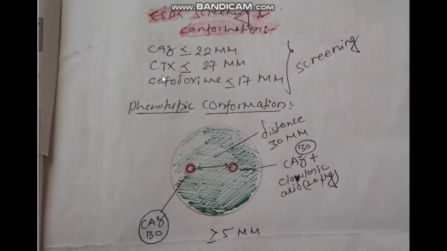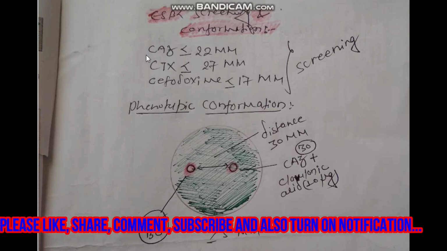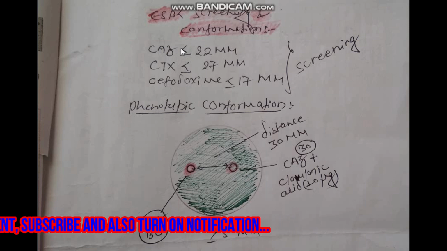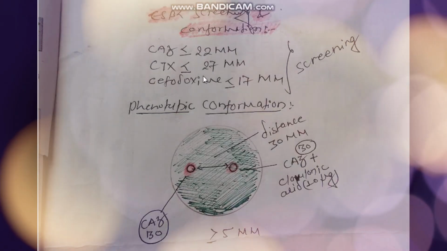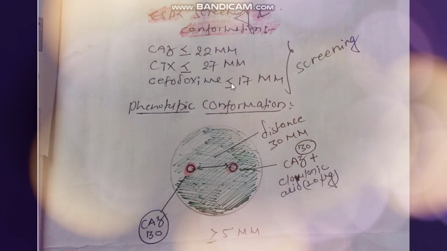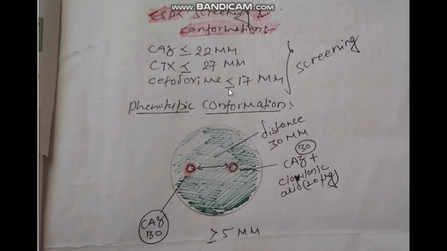If the zone of inhibition of ceftazidime is less than or equal to 22 mm, cefotaxime zone of inhibition less than or equal to 27 mm, and cefpodoxime less than or equal to 17 mm, then there is a chance of ESBL.